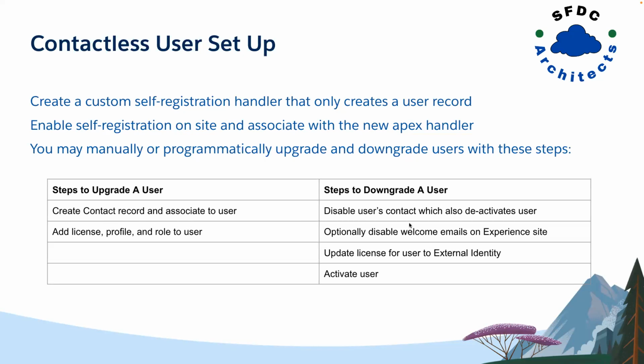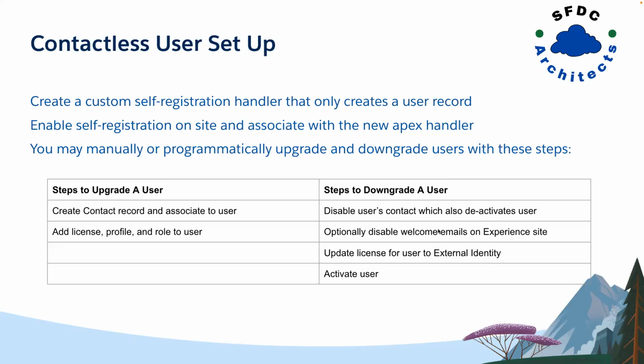To downgrade them, it's a bit of a manual step. If you do this manually, you do this separately. First, you're going to disable the user. When you disable the user, it deactivates it. So if they're part of any groups or anything like that, you're going to lose that association. You probably want to disable any welcome emails on the experience site, because if you don't disable this, the next step is to update that deactivated user to give them the external identity license, which is the original license that they had, and then you activate the user.